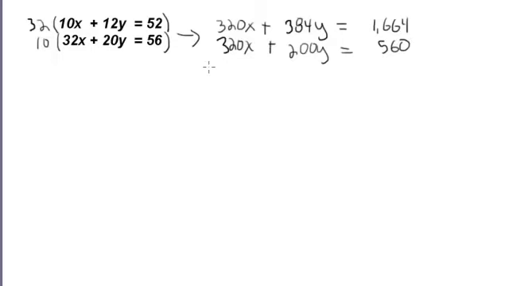Okay, so now we have two equations, and you can add or subtract equations. In our case, we want to subtract the bottom equation from the top, because 320x minus 320x gives us the 0 that we wanted. 384y minus 200y is 184y.